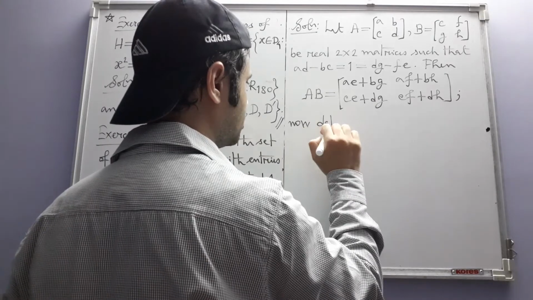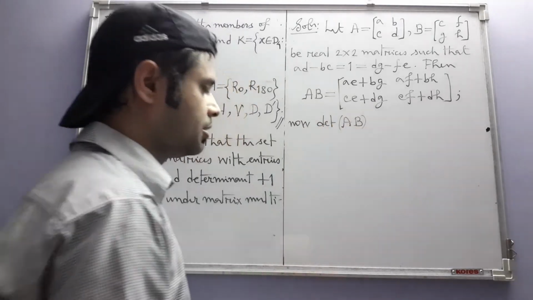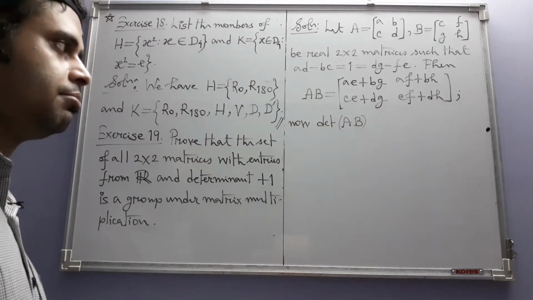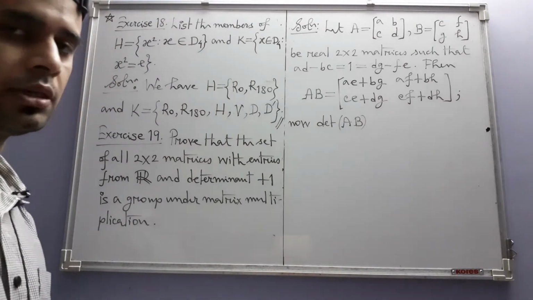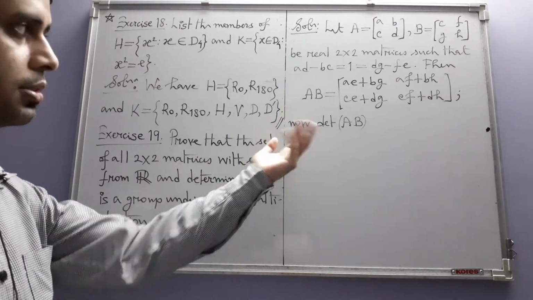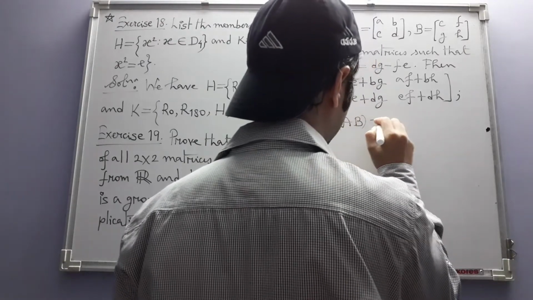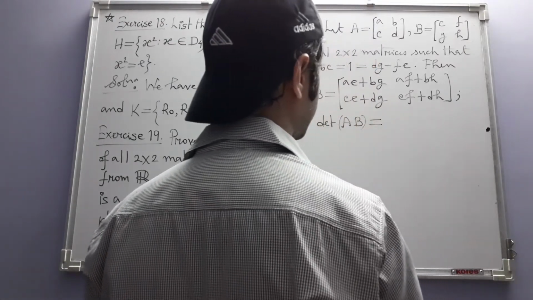Now what about determinant of AB? Either this is a result that we already know, that determinant of AB is determinant of A times determinant of B, or we can verify that here in this case because it's a 2x2 matrix, so the calculation will not be unimaginably large or complicated.